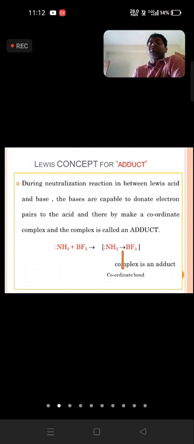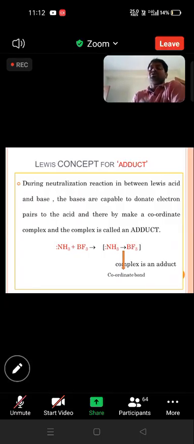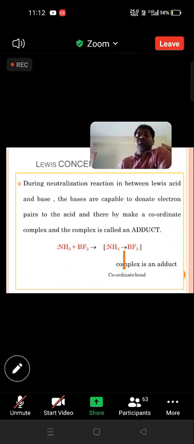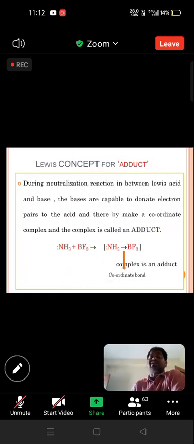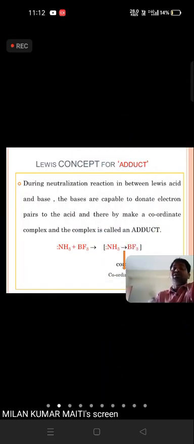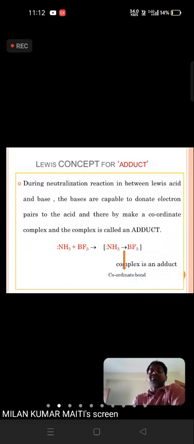So there may be a formation of a directional bond or coordinate bond. The coordinate bond containing a Lewis acid and Lewis base, present within the square bracket, this complex is considered as an adduct, or this complex may also be known as a coordinate complex.